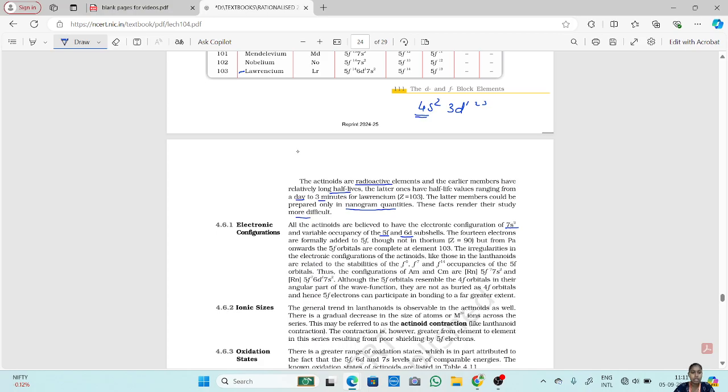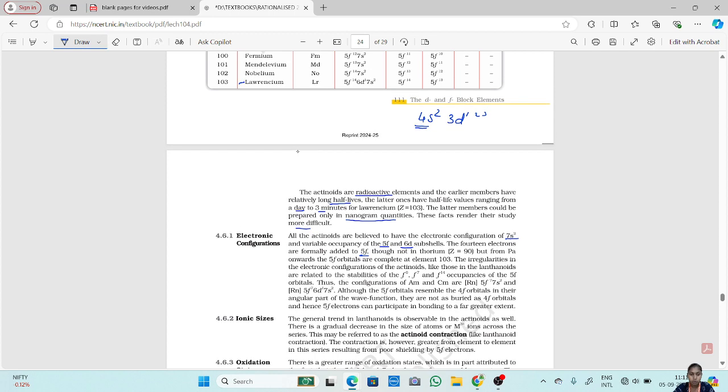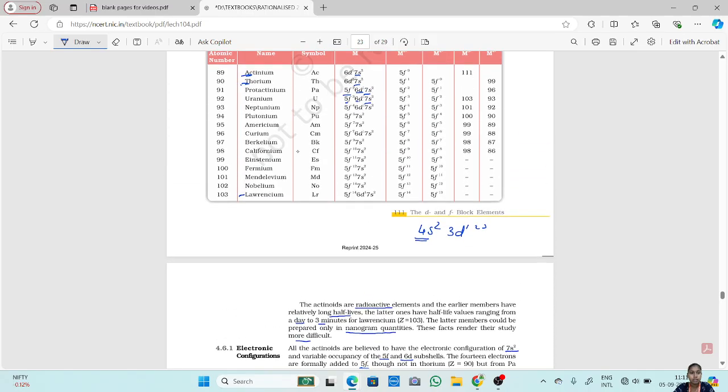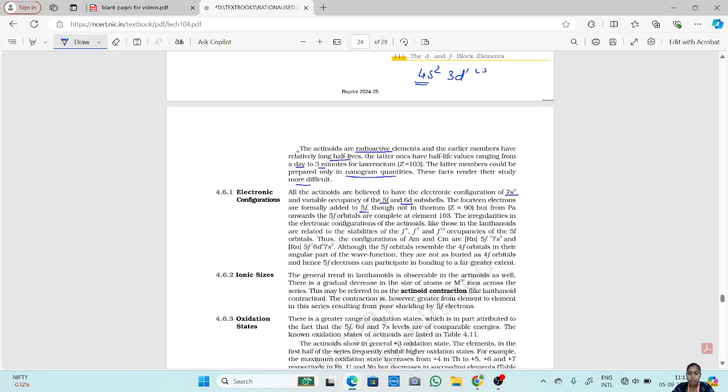Now the 14 electrons are formally added to 5f. Here, compared to 6d, 5f is rather filled completely, though not in thorium. There is an exception in thorium and actinium; in both these cases there is a difference. Thorium has no 5f electron, whereas in protactinium, one electron from 6d is transferred to 5f.